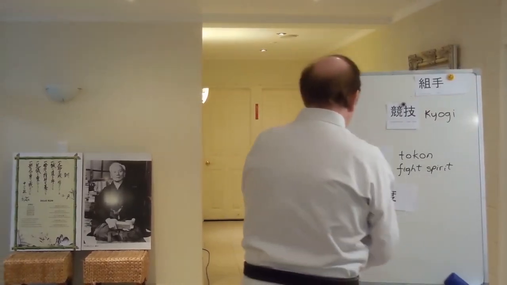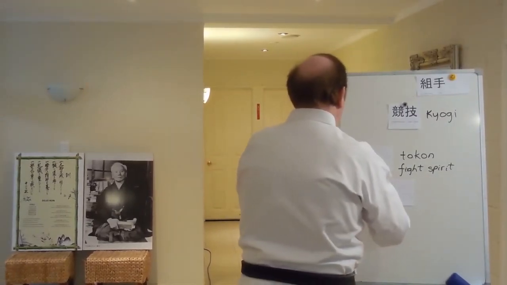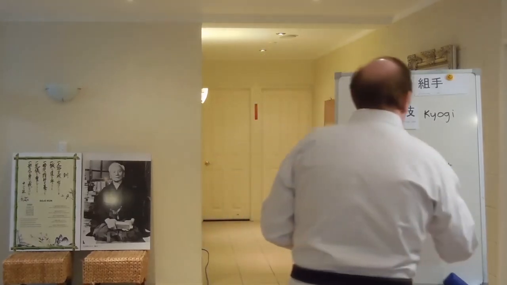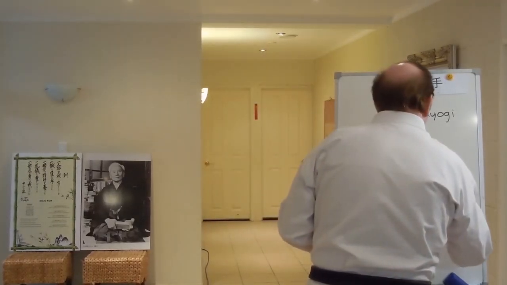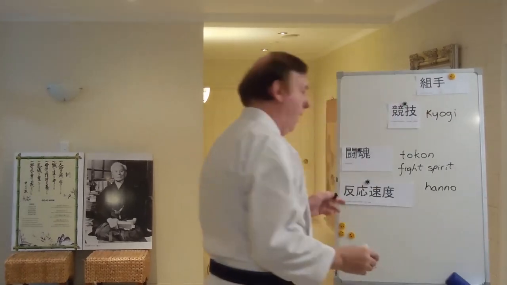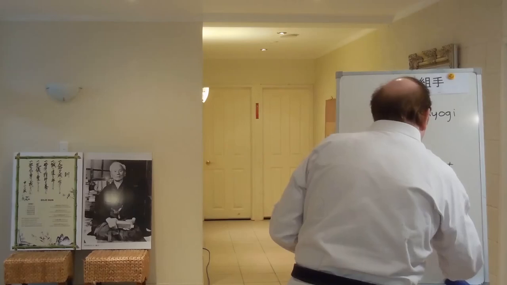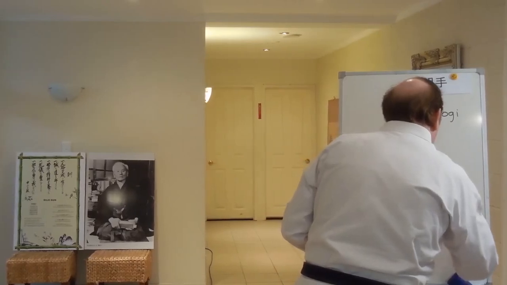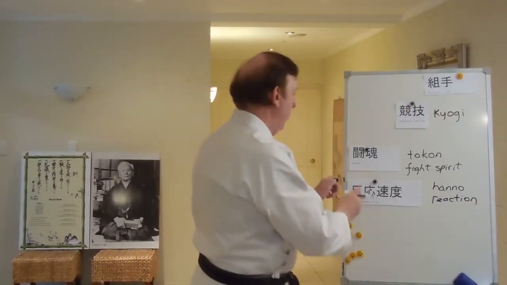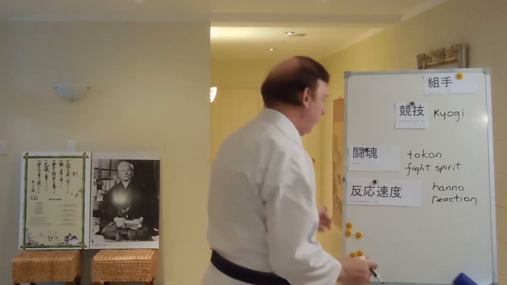The second principle, which is very important, is called hano, which means reaction. Let's call that reaction. And usually this term is connected with, this is hano and this is sokudo.